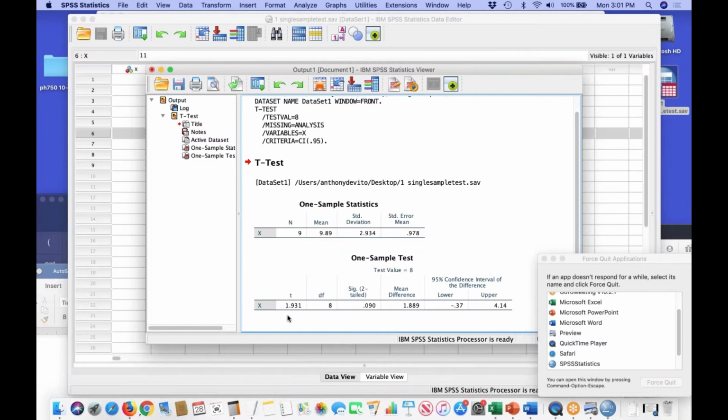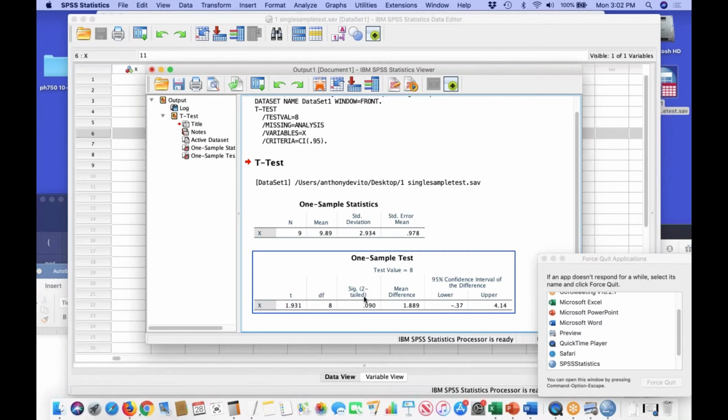Well, actually, SPSS goes 1 step further. Instead of comparing this directly to the critical value for that particular sample size, it gives you a probability. This is significance or probability, same thing. The significance, 2-tailed, meaning our hypothesis is not that one is greater than the other, but just equal or not equal.